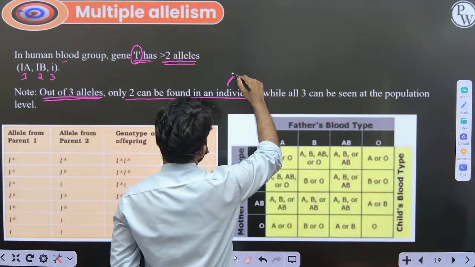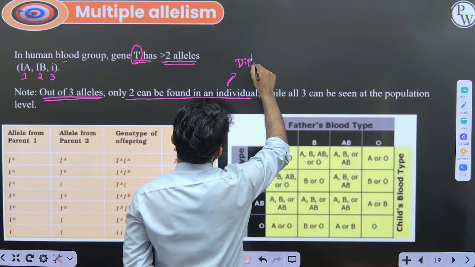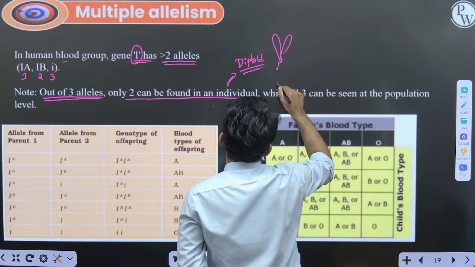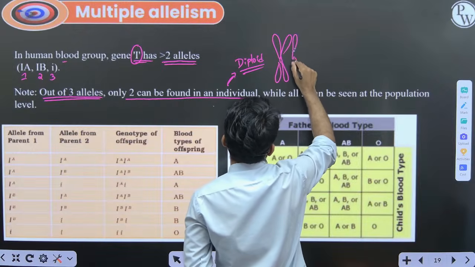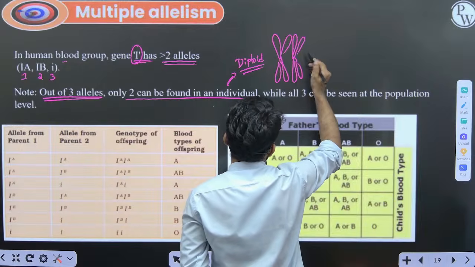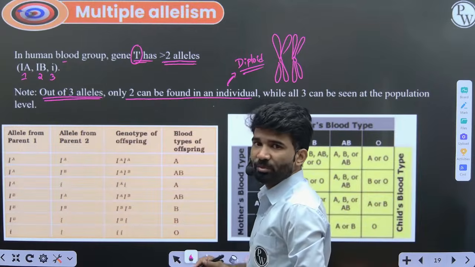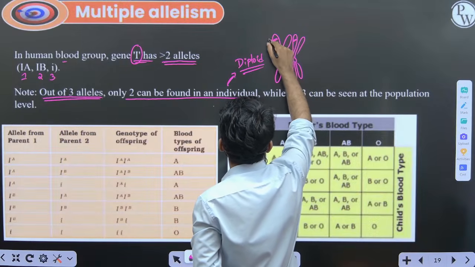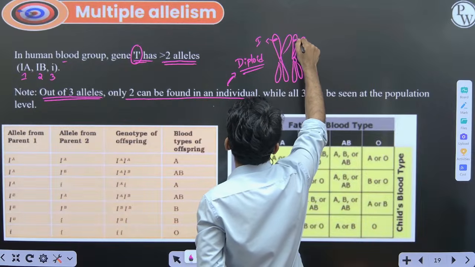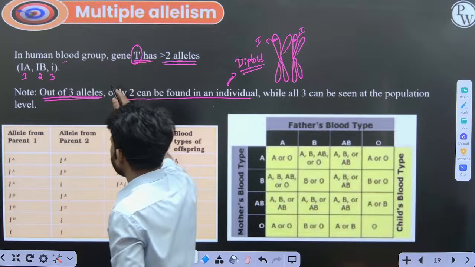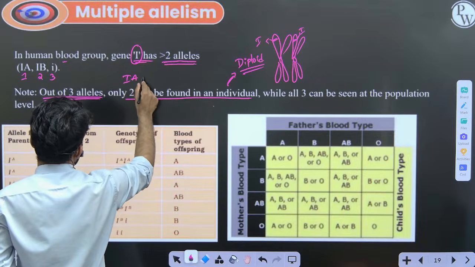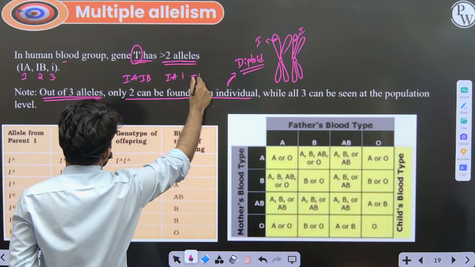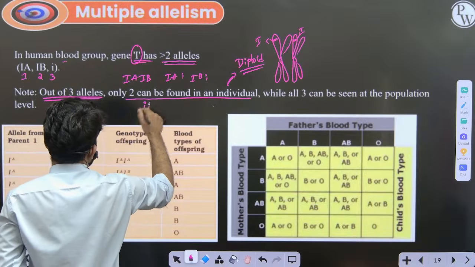Why? Because an individual has a pair of chromosomes, so only two of these alleles can be present, either IA or IB.